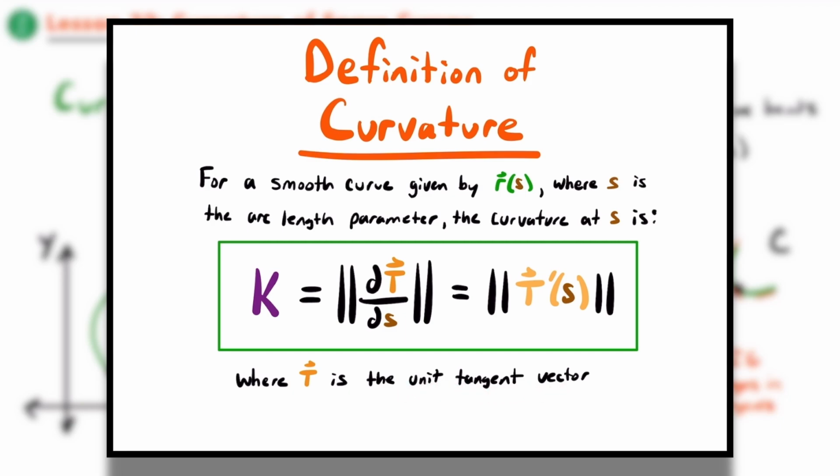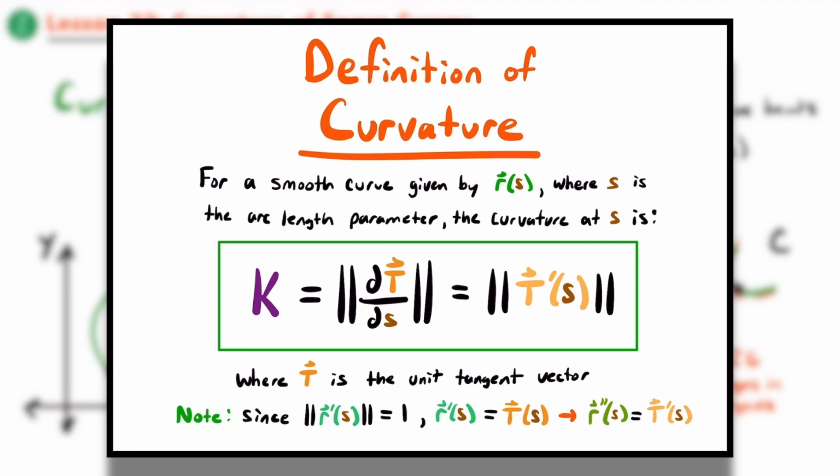Okay, and speaking of a magnitude of 1, if you remember back to the previous lesson on the arc length parameter, we said that the derivative of a vector function in terms of the arc length parameter, that derivative r prime of s, would be a unit tangent vector, right? The magnitude would be 1.